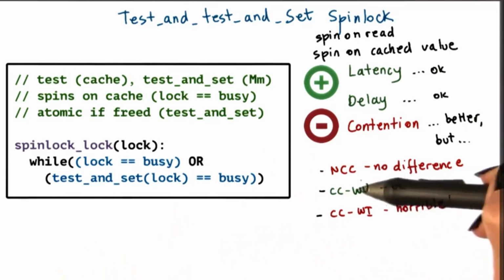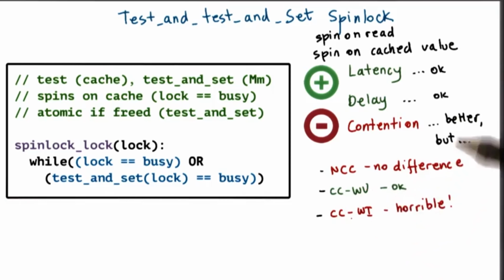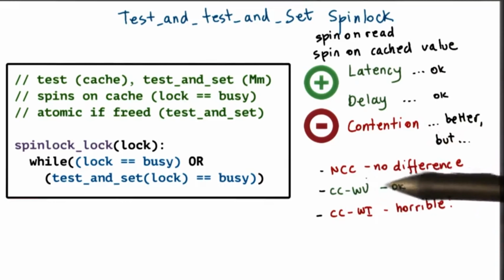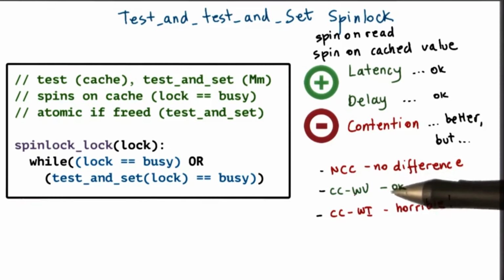If we have a write-update situation, that coherence traffic will update the value of the other caches with the new value of the lock. If the lock was busy before the write-update event, and if the lock remains busy after the write-update event, great, no change whatsoever. That particular CPU can continue spinning on the cached copy.